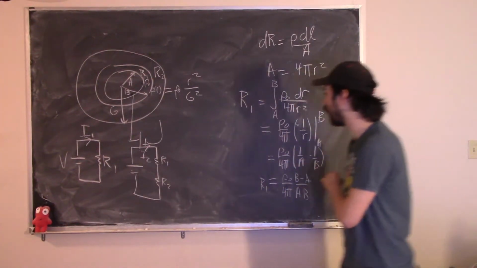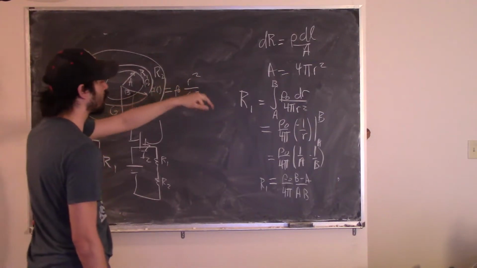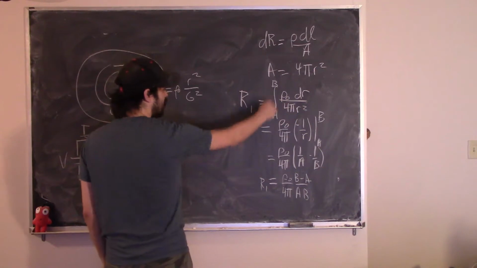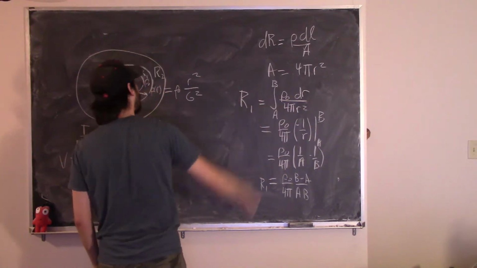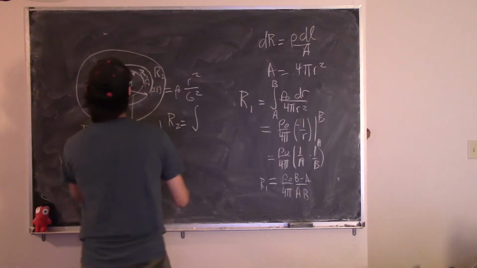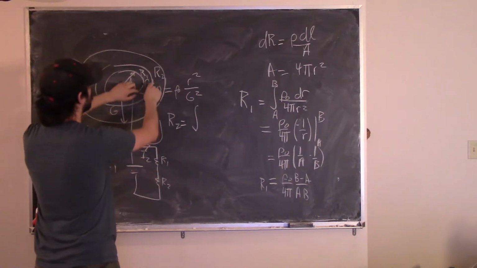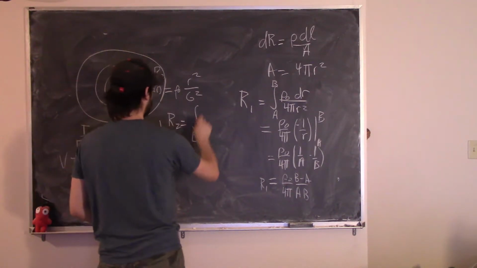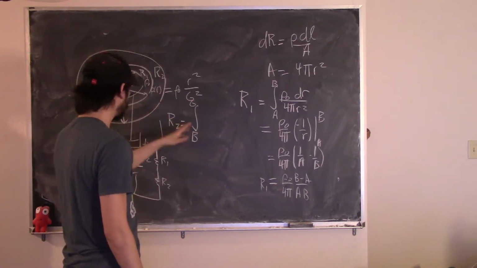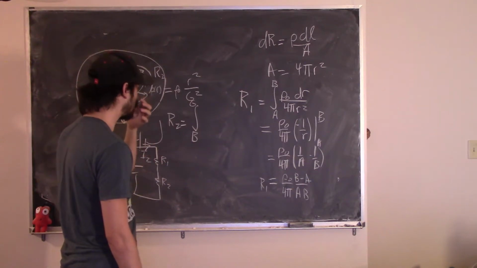R2 is going to be the same thing, only instead of rho 0, I'm going to have rho as a function of r, which actually makes this calculation a little bit easier, you'll see. So R2 is equal to the integral from B to G, because R2 starts at B and ends at G. I mean, it would be more fitting if this went to D2 because I'm doing R2, but that's a terrible joke.